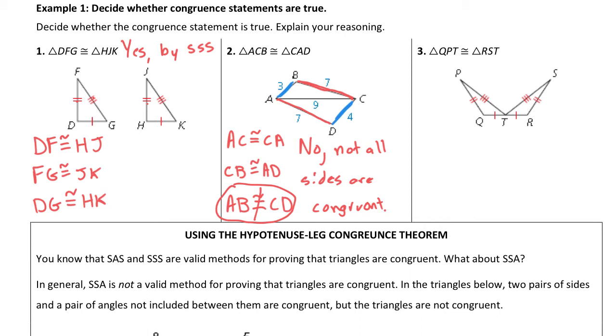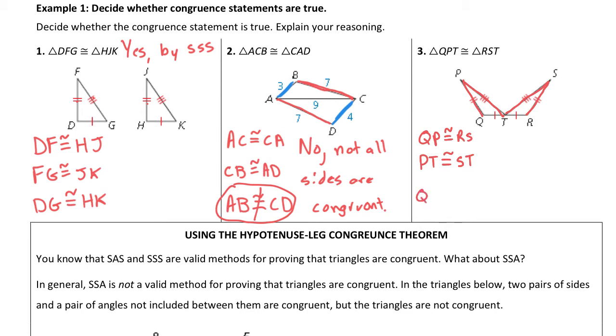For part 3, same thing, comparing QP and RS. Is QP congruent to RS? I'd say that checks out. PT, is that congruent to ST? PT, ST. They have the same marking, so those are congruent.